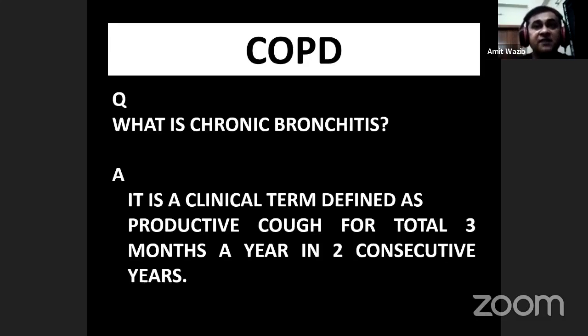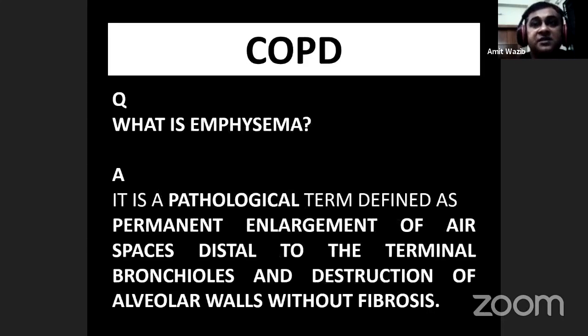On the other hand, emphysema is not a clinically defined condition. It is a pathological condition, actually. Okay. So it means permanent dilatation of the air spaces distal to terminal bronchioles with destruction of the alveolar walls without fibrosis. So what happens?